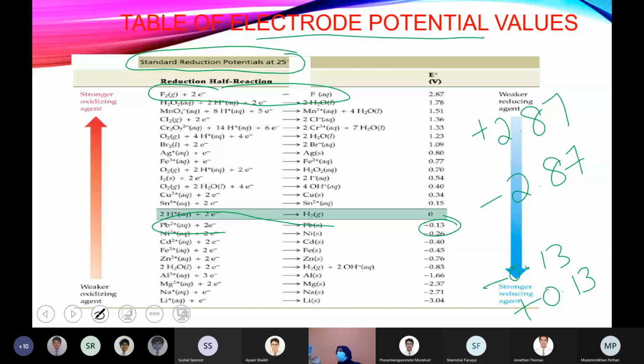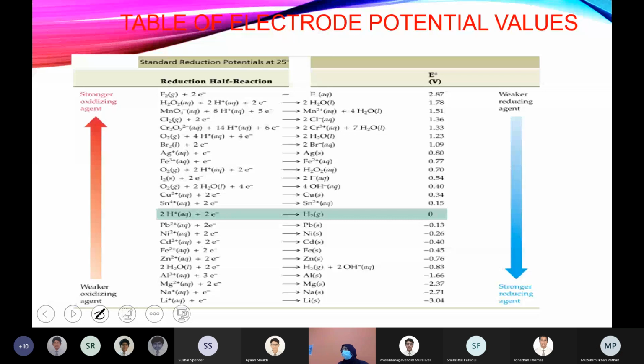Only the direction is changing, that's why the sign is changing. The magnitude is the same, but the direction is different, right? Once you know which is undergoing reduction and oxidation, then you can talk about the reducing and oxidizing agent.